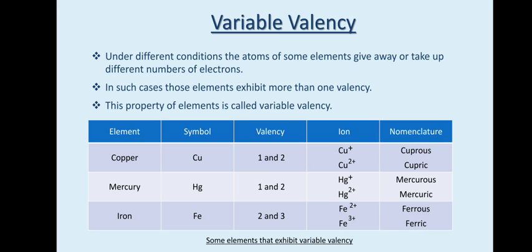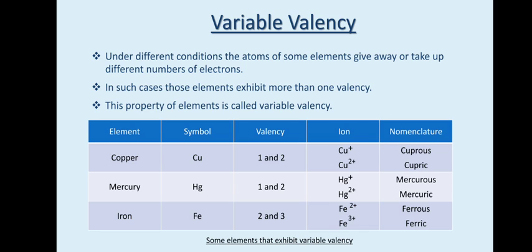Now variable valency. This is a very important concept. When we say variable, it means something is changing. Here what is changing? Valency is changing. Certain elements under different conditions give away or take up different numbers of electrons depending upon the condition.